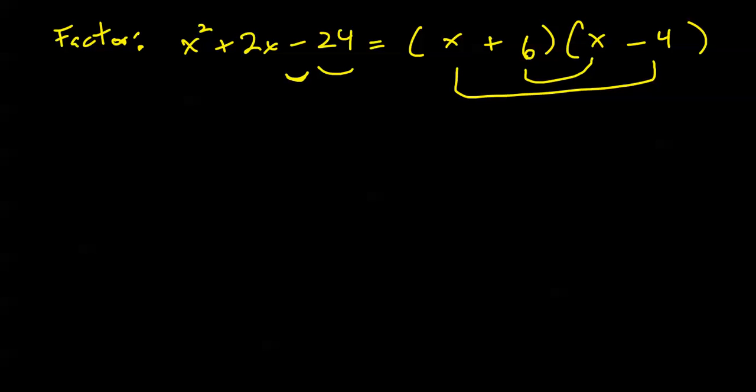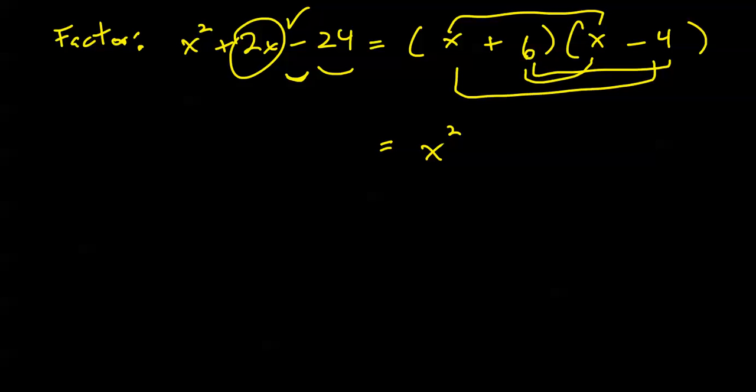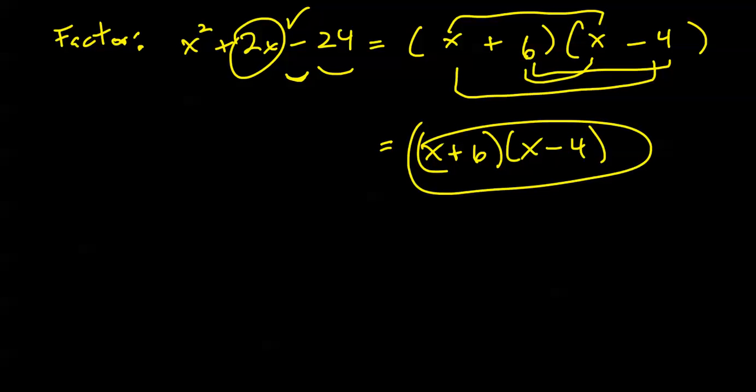The inner product is positive 6x. That indeed adds up to a 2x. And of course, the first product is x squared, and the last product is negative 24. So final answer, x plus 6 times x minus 4. Okay?